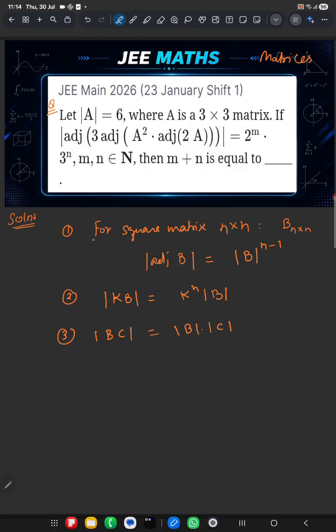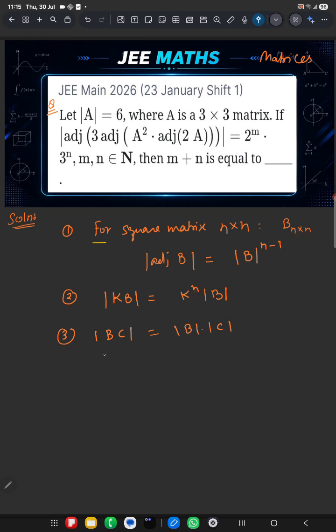For any square matrix B of order n cross n, the determinant of adjoint of B will be determinant of B raised to the power n minus 1, where n is the order of the matrix B. Another, determinant of a scalar k into B will be k raised to the power n into determinant of B, where n is the order of the matrix B.